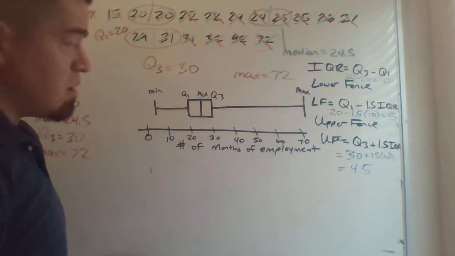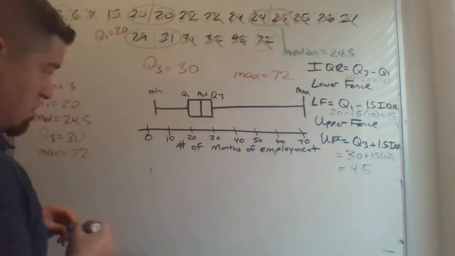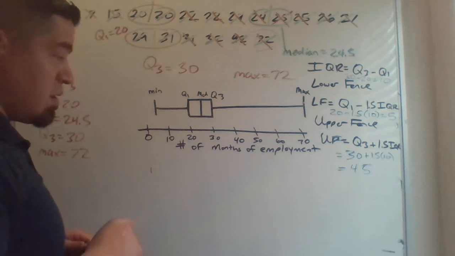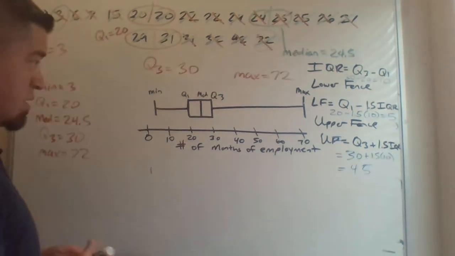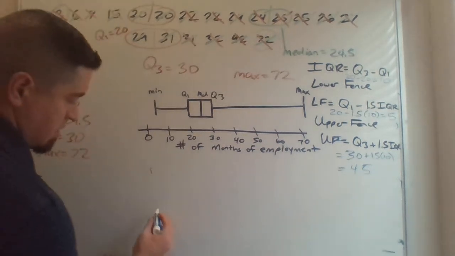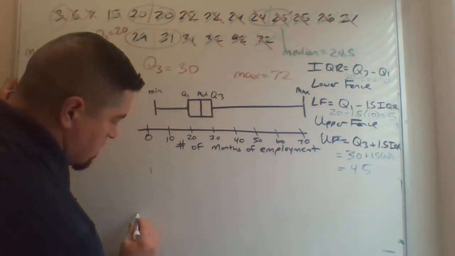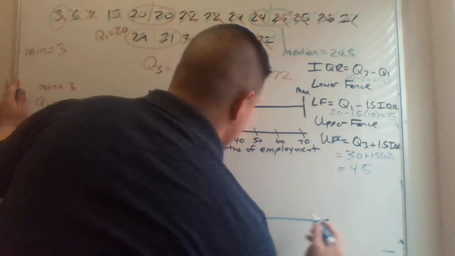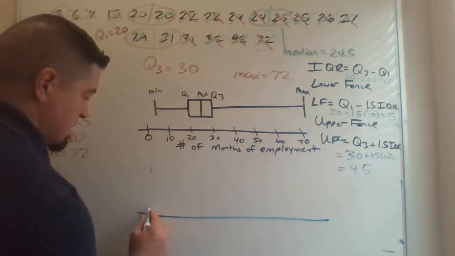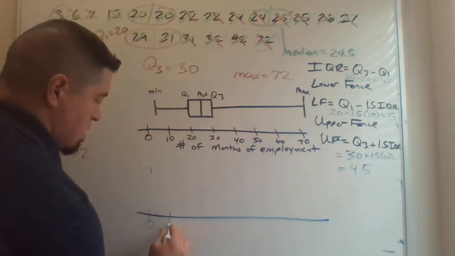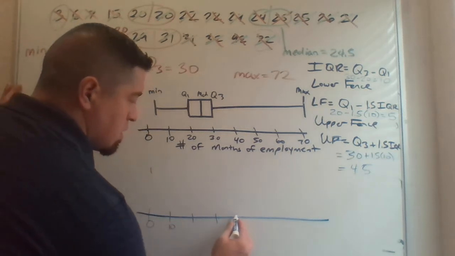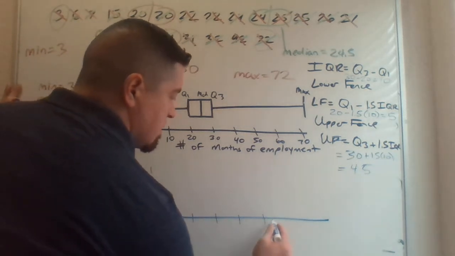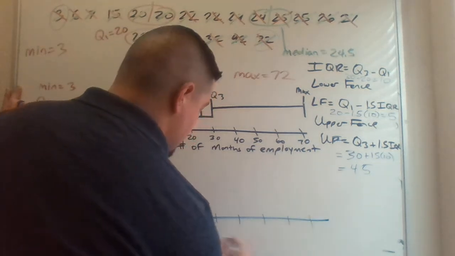Okay, so here we're going to go ahead and draw the modified box plot. You're actually going to start the same way. In fact, I'm pretty much going to use the exact same axis: 0, 10, 20, 30, 40, 50, 60, 70.